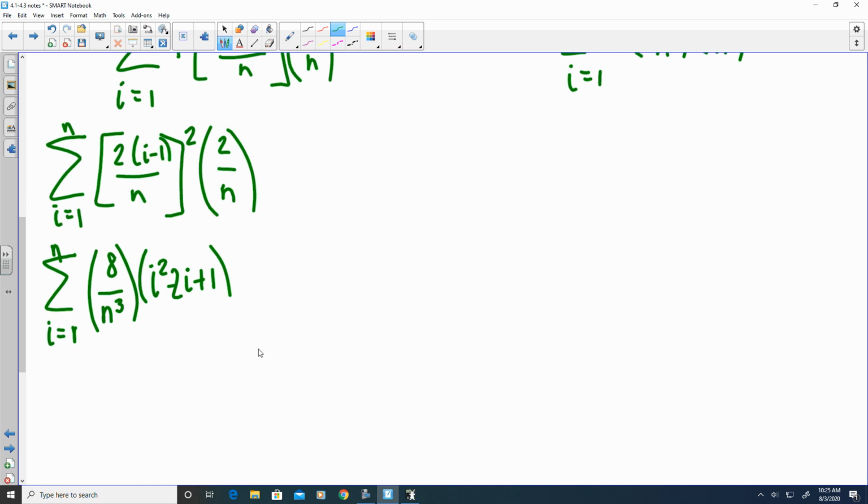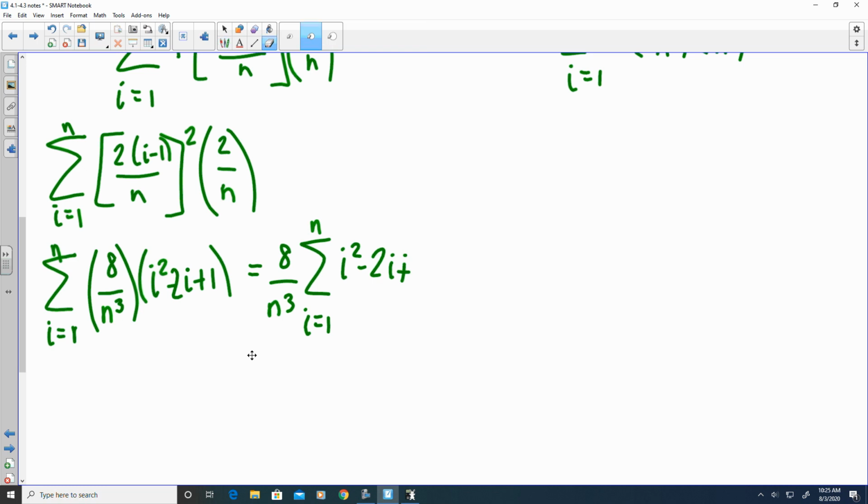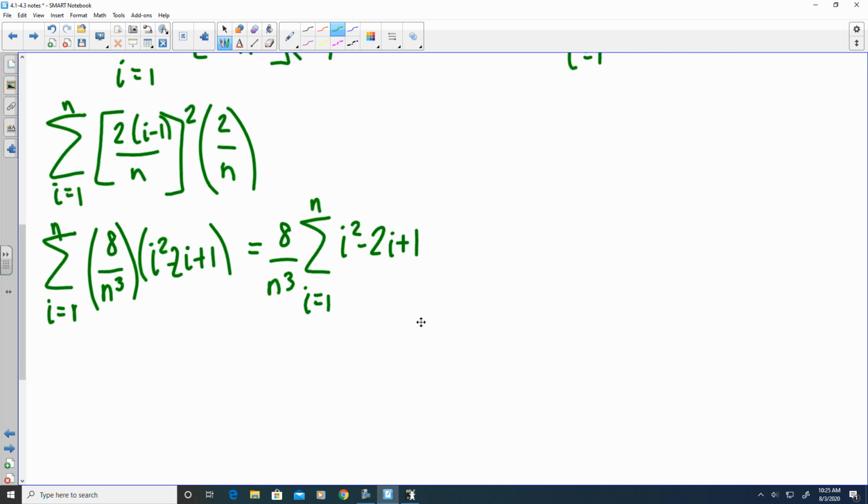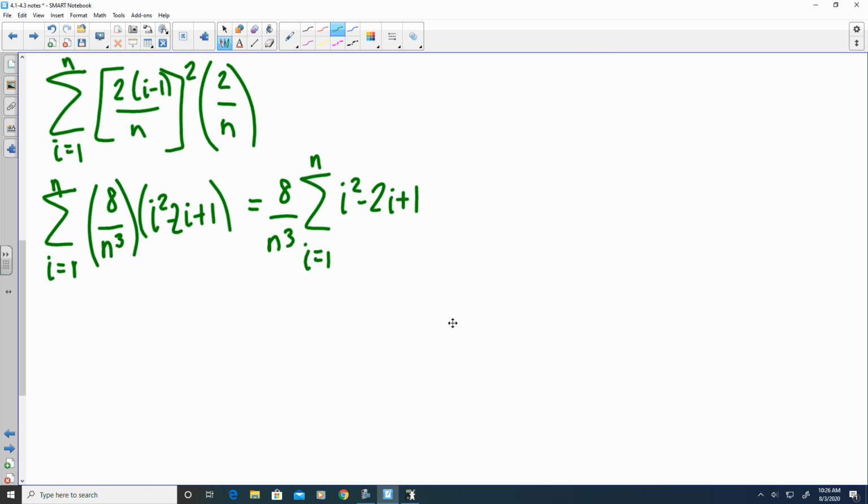Remember, right now we're going to bring out that 8 over n cubed because the sum substitutions are all involving just the i. Oh my goodness, I'm getting my i's and my 1's confused. There we go. So now we're going to do our 3 different substitutions, one for the i squared, one for the 2i, and one for the 1.